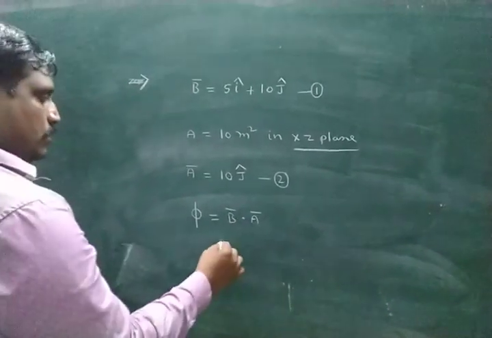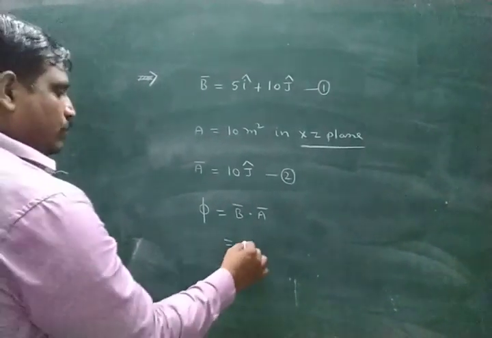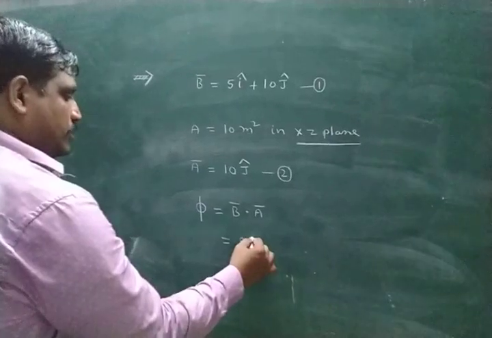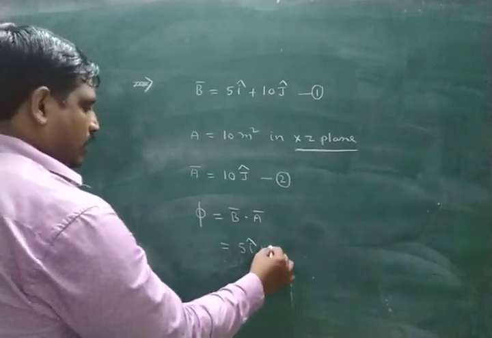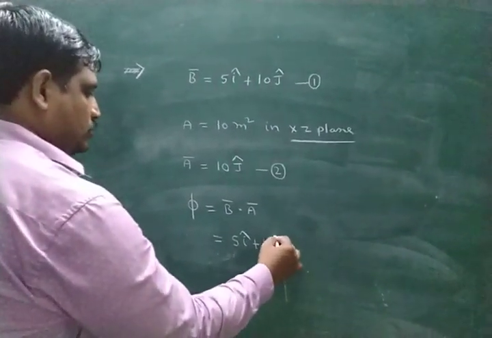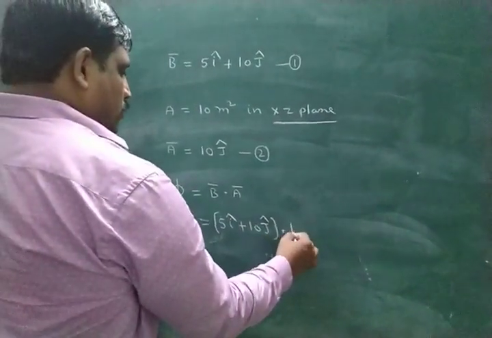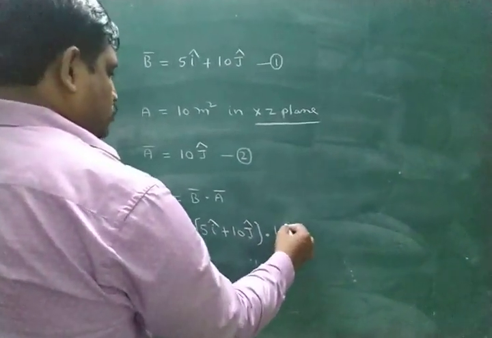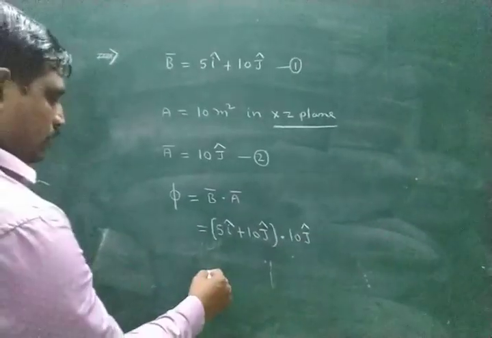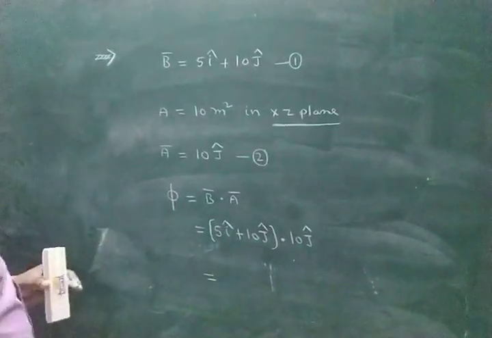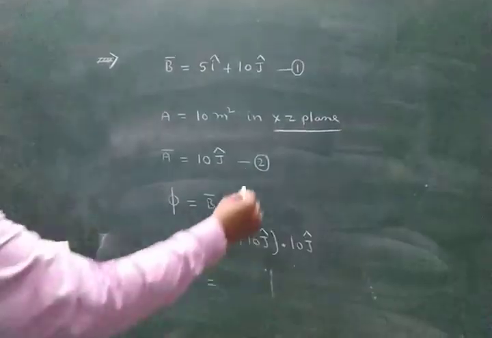Okay. In this situation, B bar is written as 5 i cap plus 10 j cap, dot, here 10 j cap. In this topic, look here. Would you understand?